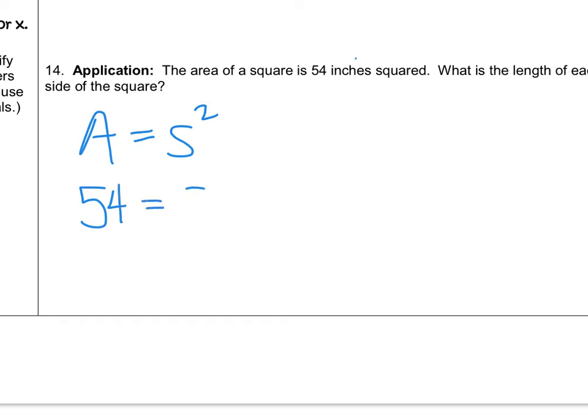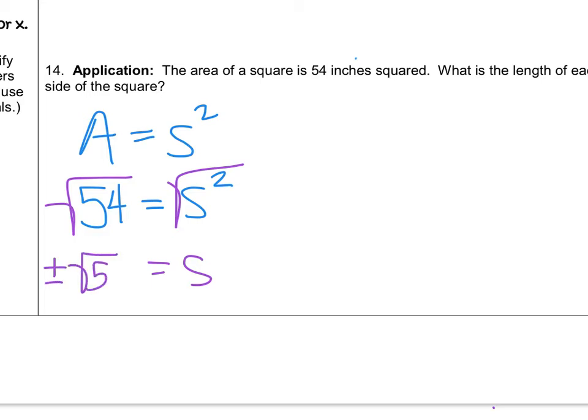So 54 is our side squared. So when we get around to solving this, we're going to take the square root of both sides. So we got our side equals plus or minus the square root of 54.